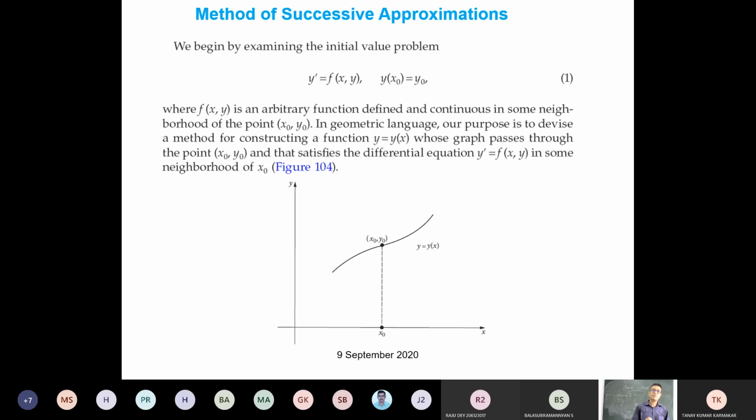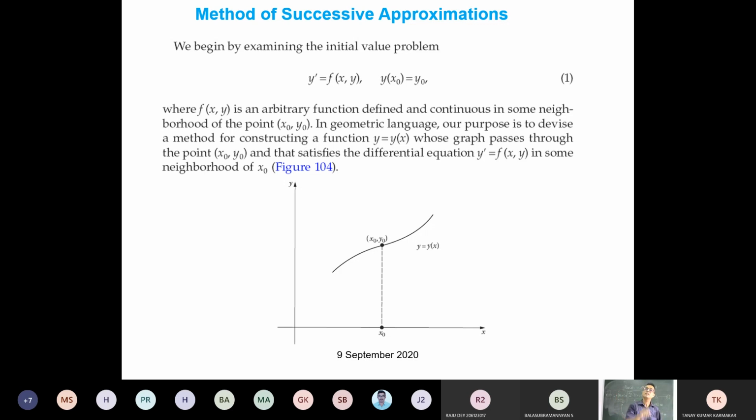Now, after generating the sequence of functions, if I can prove that that sequence is somehow convergent, of course, being a sequence of functions, if it is convergent, it is going to converge to a function. Now, if I can find a function which belongs to a rectangle in the neighborhood of the point x0, y0, and if I can show that the limit of this sequence is nothing but the solution of the given differential equation, then my job is done.